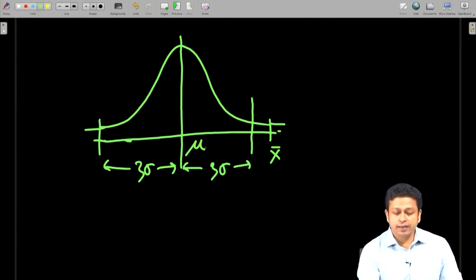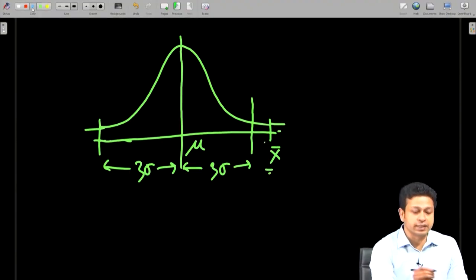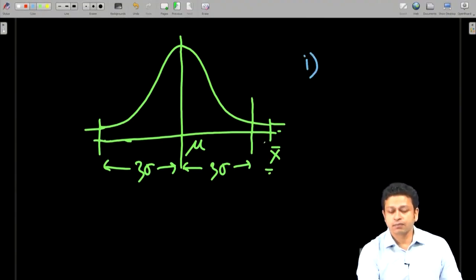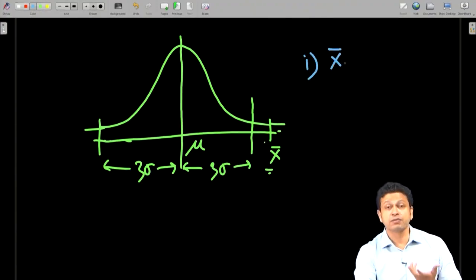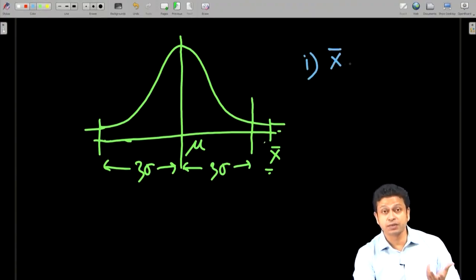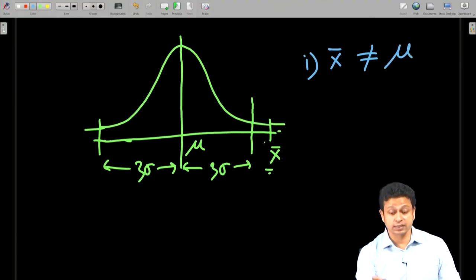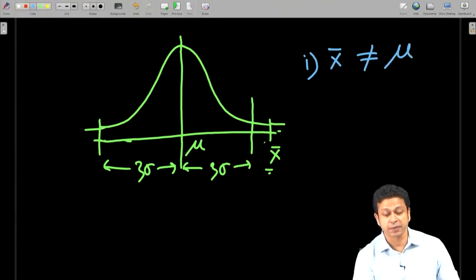Now, if I have my x bar here, there are two possibilities. One possibility is that the sample is actually not representing the population, the sample statistic is not representing the population parameter, or the sample is not drawn from the true population, it is drawn from some other population.